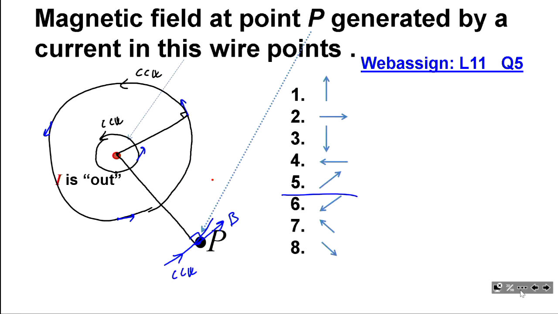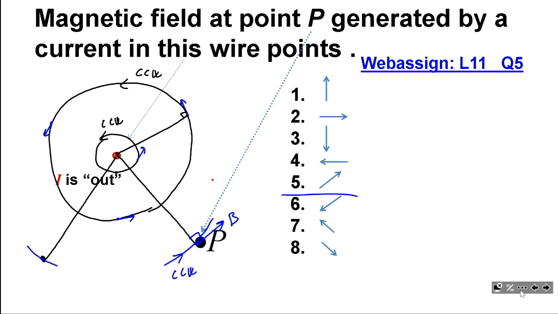If I want to draw a magnetic field vector at a different location here, what do I do? Same approach. I draw the radius first, of that line.